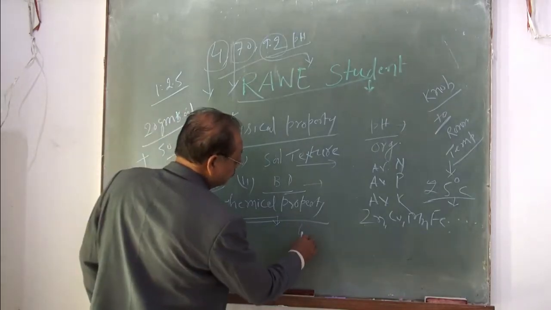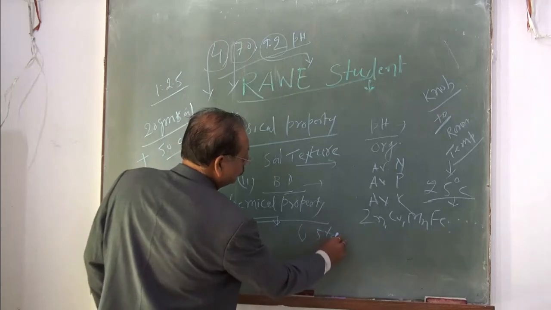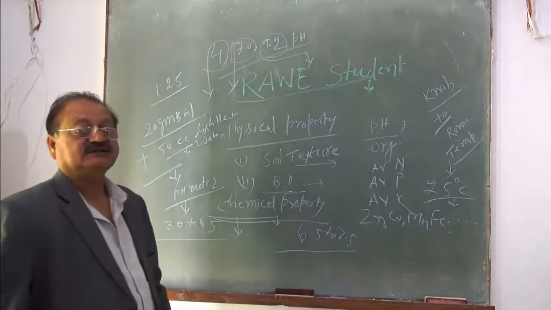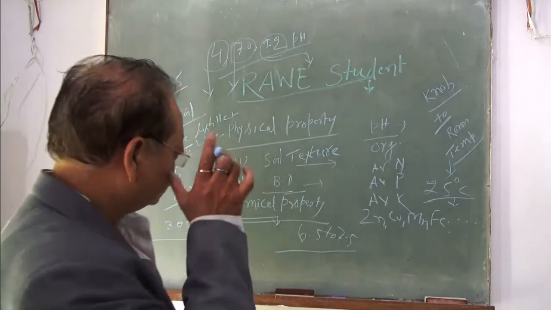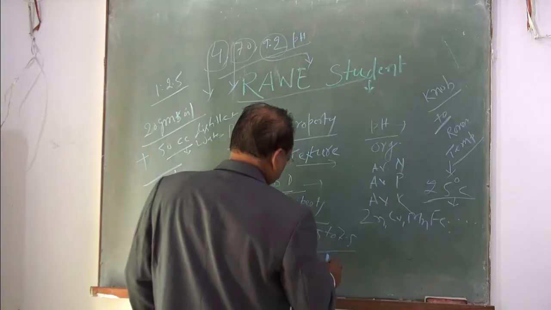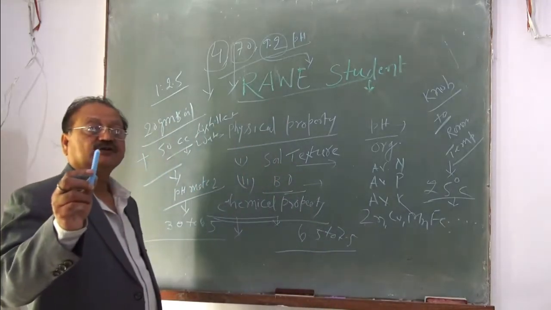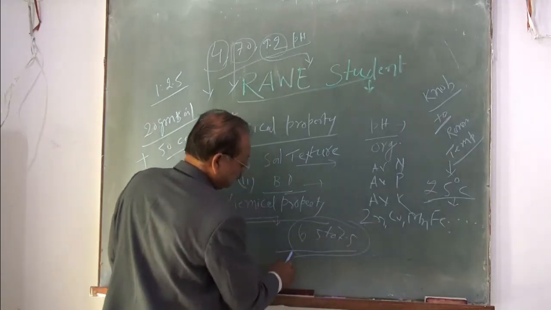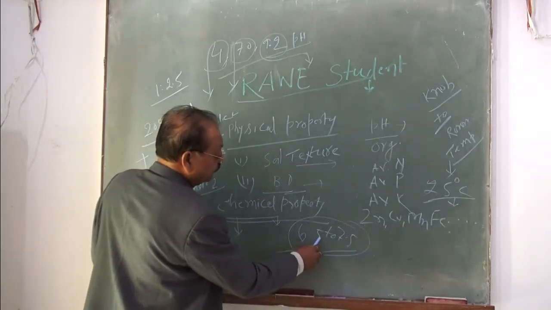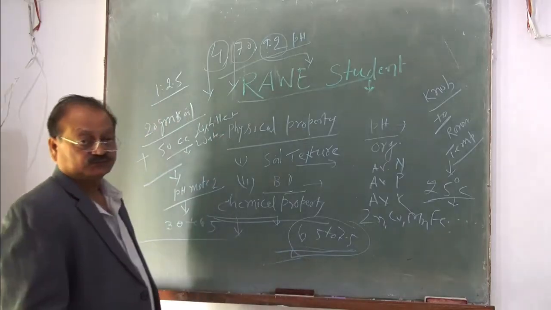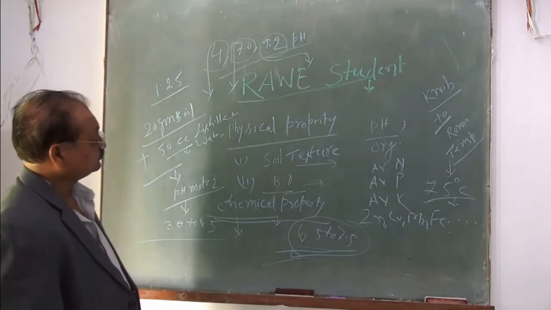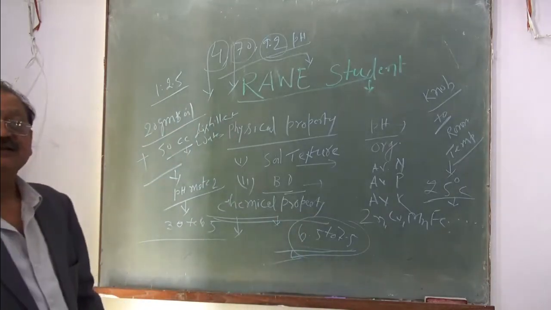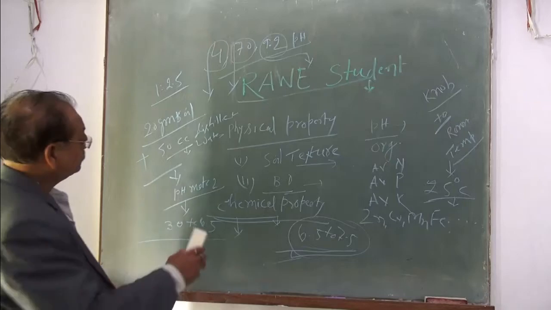If the pH value is 6.5 to 7.5, then it is called neutral pH. The most desirable pH for a soil scientist and for farmers is 6.5 to 7.5. And above 7.5 pH comes under the alkaline range.